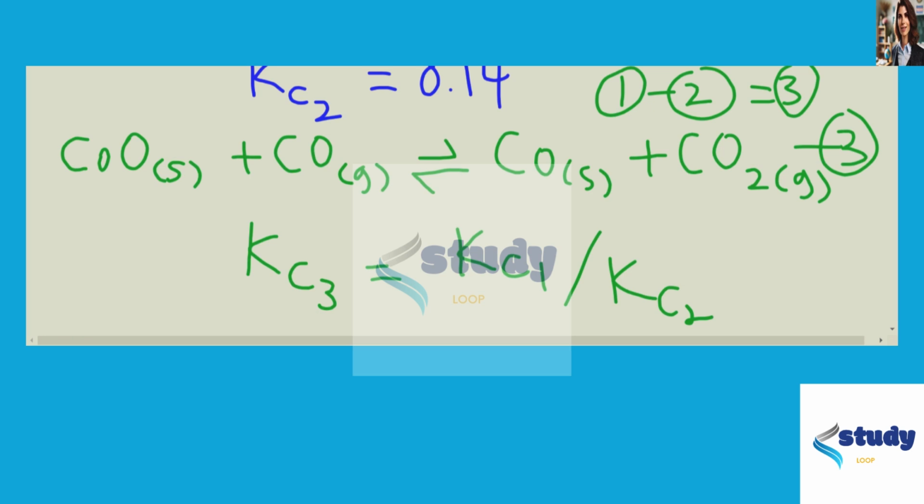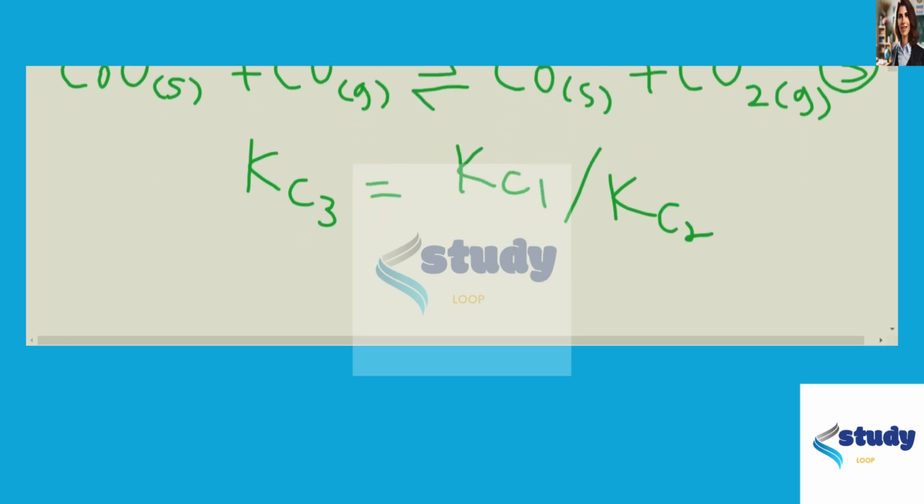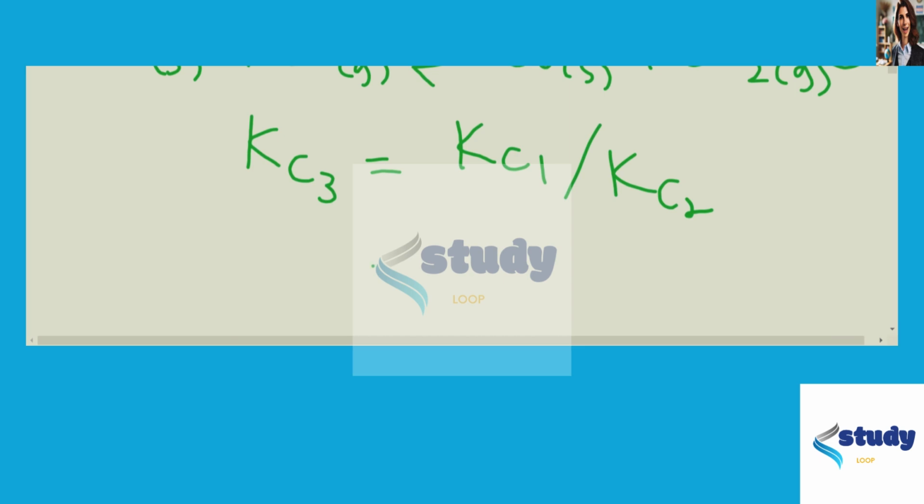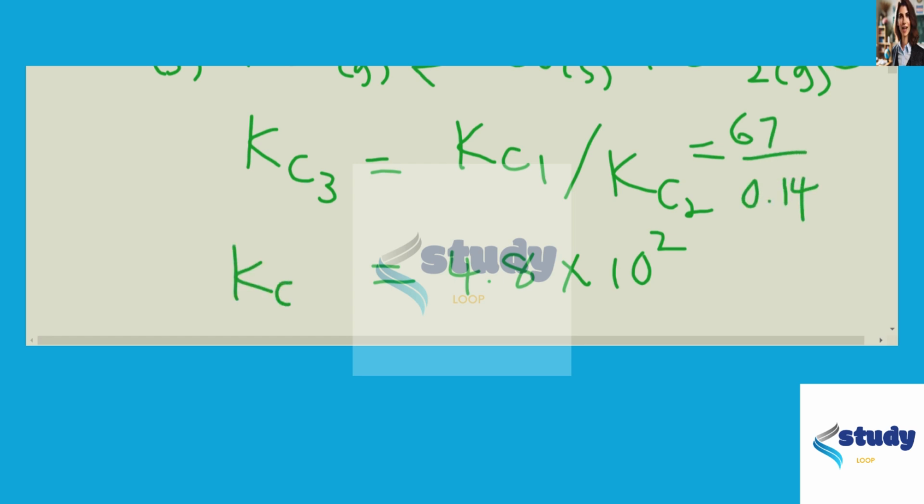So if you need to subtract the reactions to get the new reaction, you divide the Kc values to get the equilibrium constant for the new reaction. So this gives us a value of 4.8 times 10 to the power 2. So this is from 67 divided by 0.14. Kc3 is this.